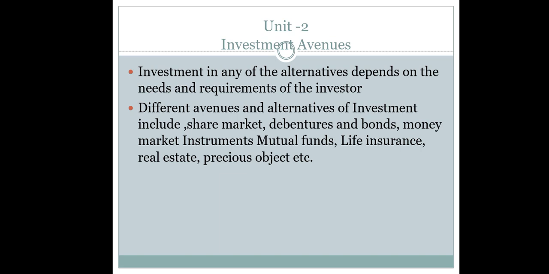Like that, there are several alternatives in avenues. Okay, you should select any one based on your terms like risk, how much risk you are going to take towards the investment. If you want a high risk, go and buy equity shares. You should know well about those equity shares.